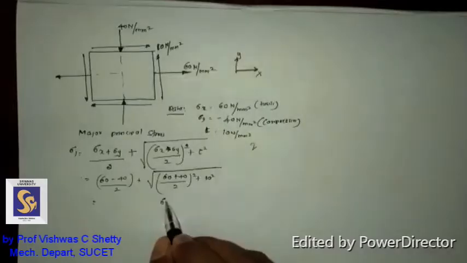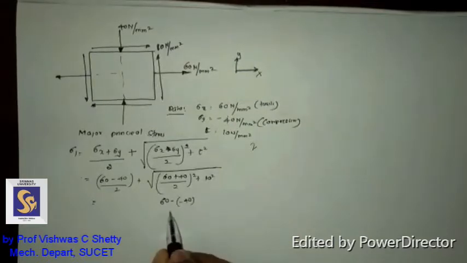Okay, so it is like 60 minus of minus 40 by 2.